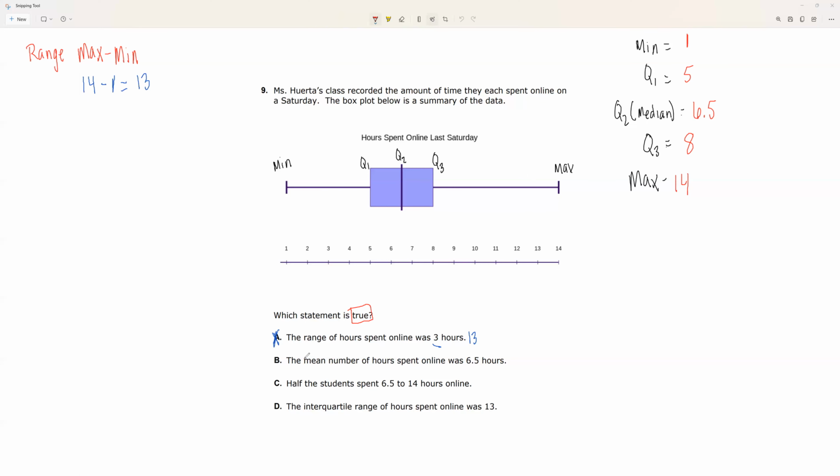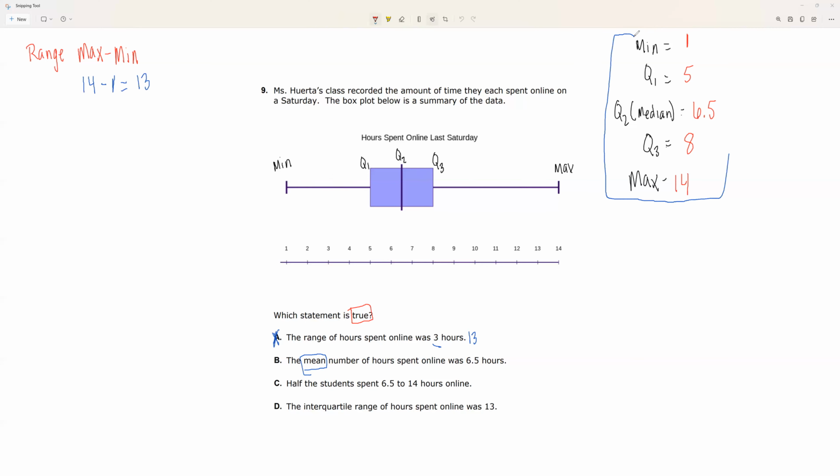Okay. The mean number of hours spent online was 6.5. Now, when we find the mean, we have to add all of our numbers in our data. A box plot or a box and whiskers does not give us all of our numbers in our data. It gives us our 5-number summary.